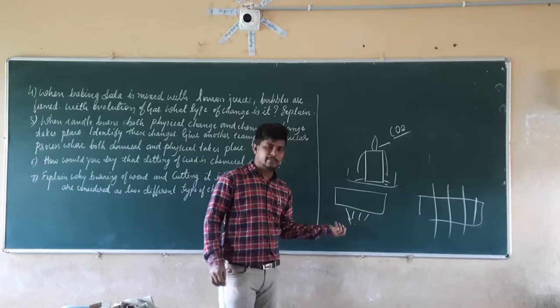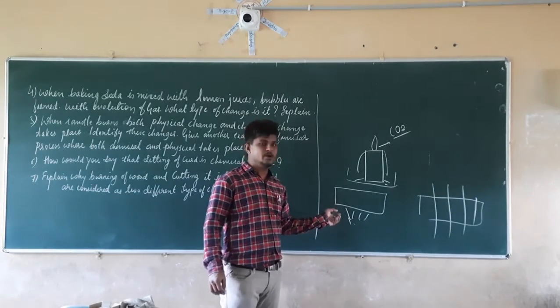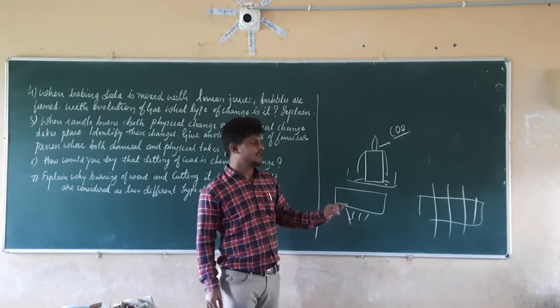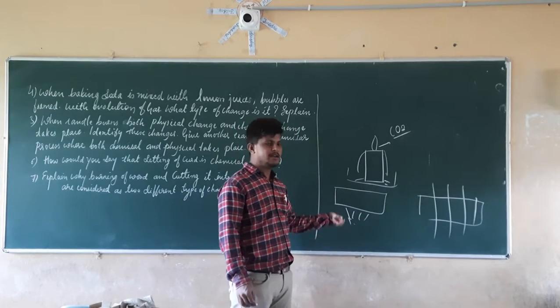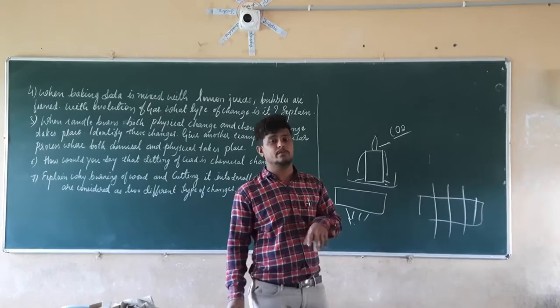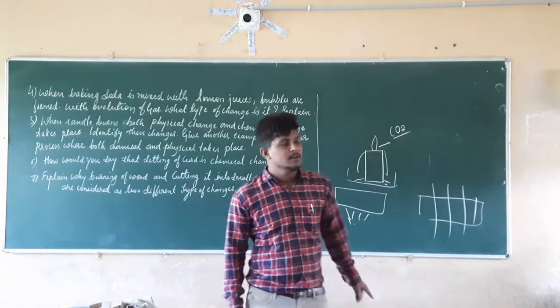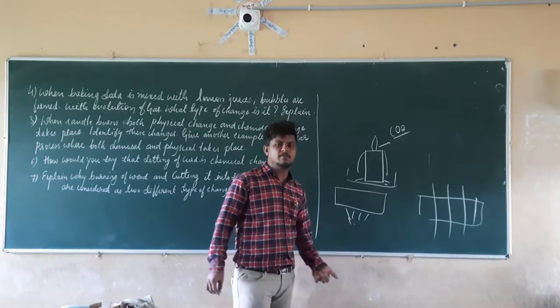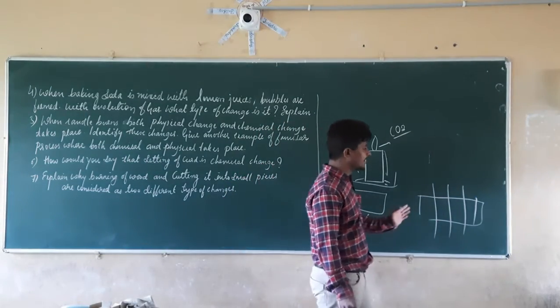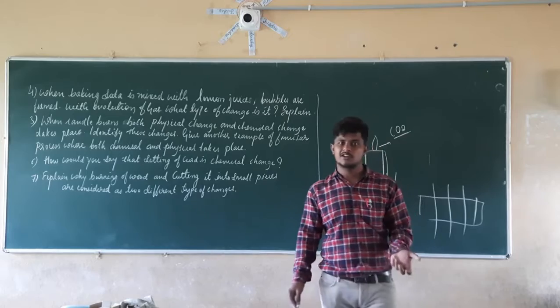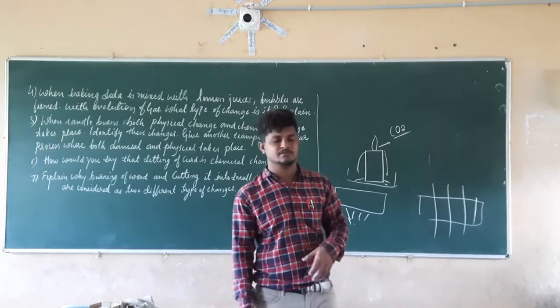While burning the wood, it is going to produce ash as well as carbon dioxide gas. So ash and carbon dioxide gas are the two new products which are formed here. If there is a new product formed, then it is considered a chemical change. In the same way, if we cut the wood, we are going to get wood again.